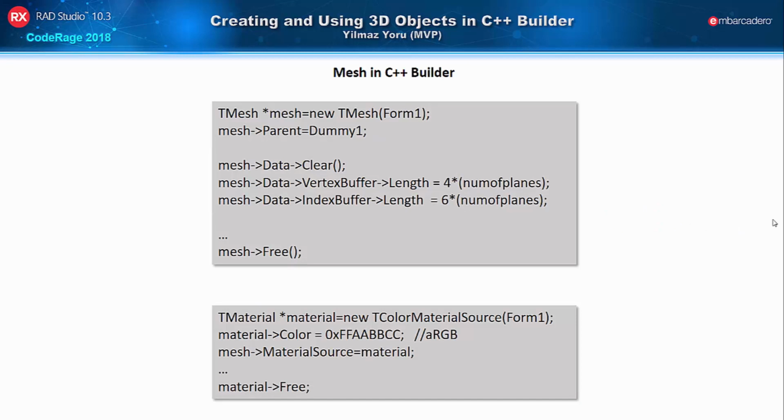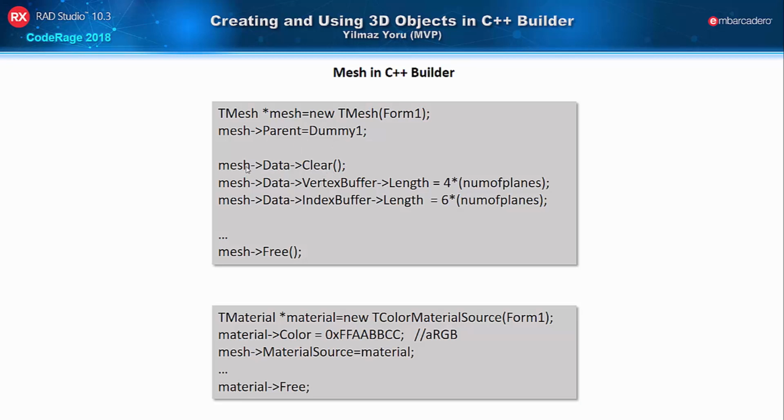And how do we use a mesh in C++ Builder? Actually, we should create a new TMesh with the owner Form1, TMesh asterisk mesh, like this. And then we should define the parent of this mesh, maybe Dummy1, or any parent object, or Viewport3D, you can define here.